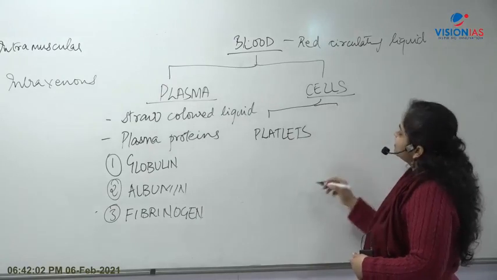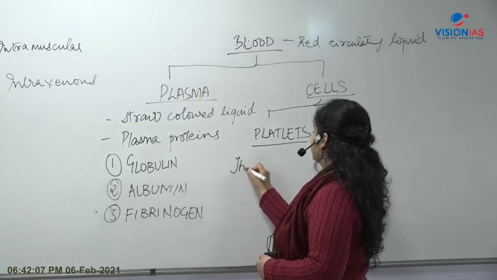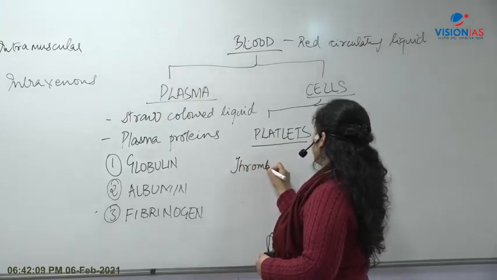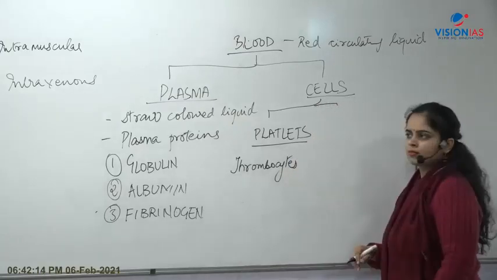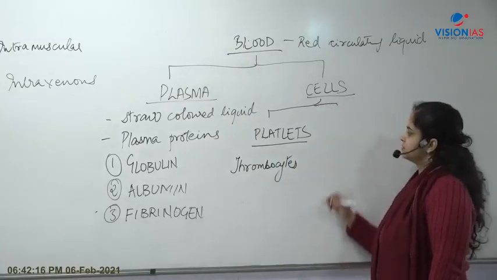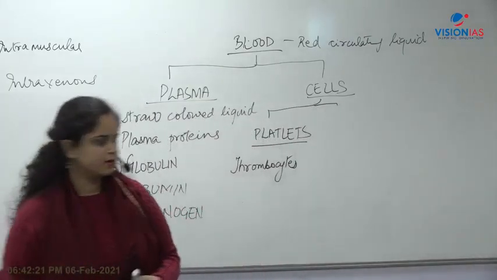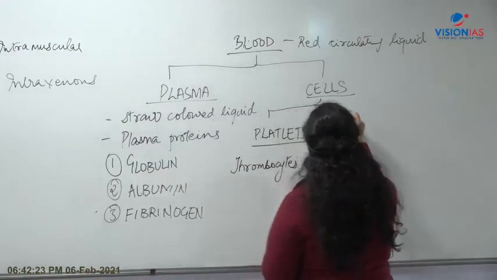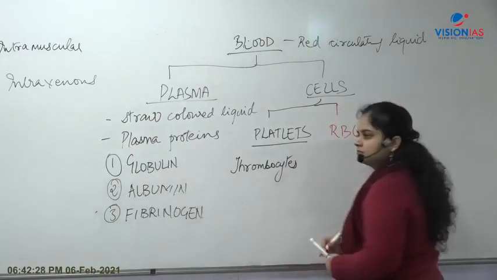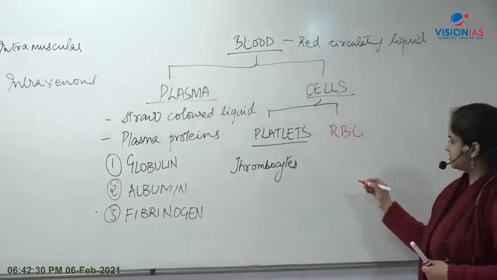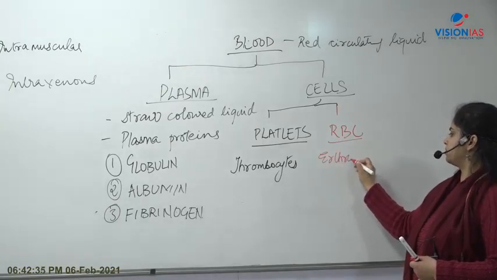After this, these platelets, you can write down, are also called thrombocytes. Second type of cells, red blood cells or RBCs, or as they are called, erythrocytes.